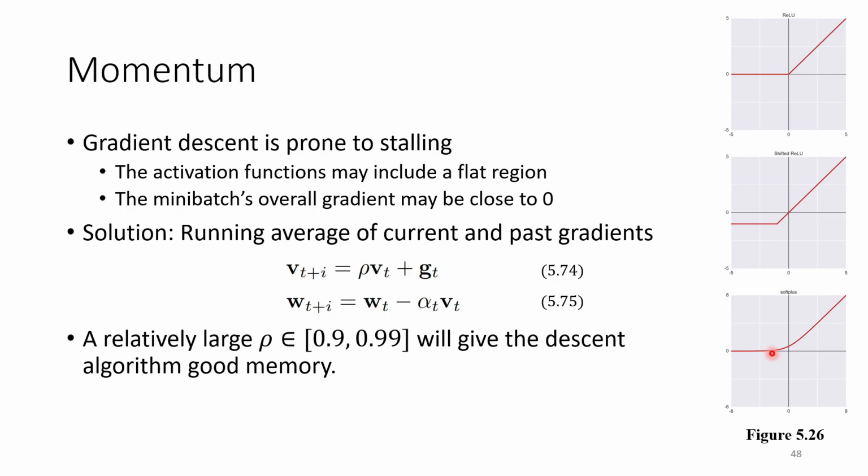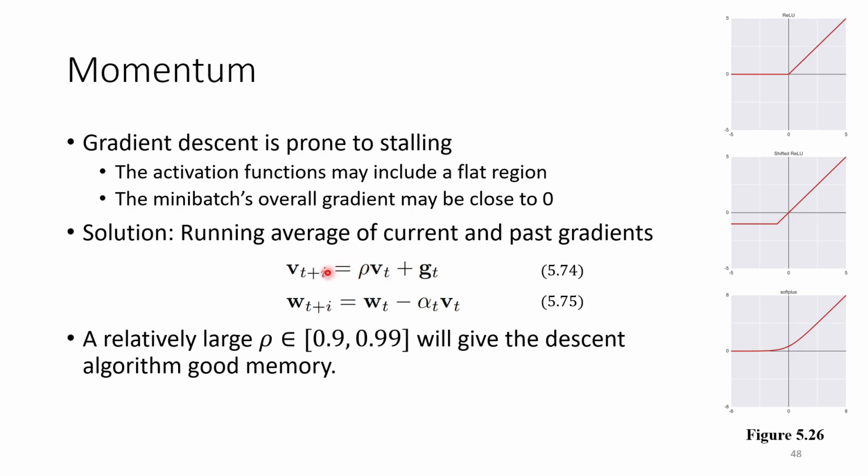So the concept of momentum is the running average of current and past gradient. This is the new gradient, okay? And V is the momentum. When you have a new gradient, you calculate the momentum from your previous vector and the new gradient with a parameter rho.